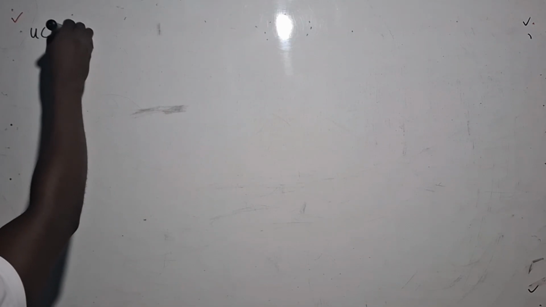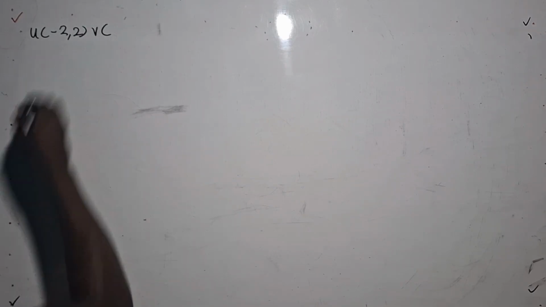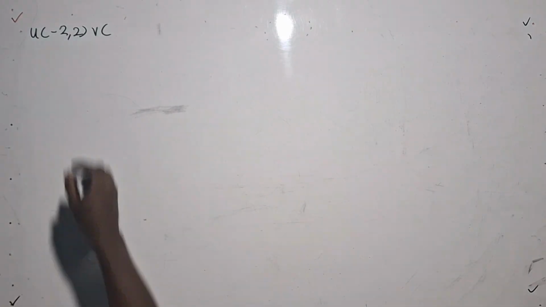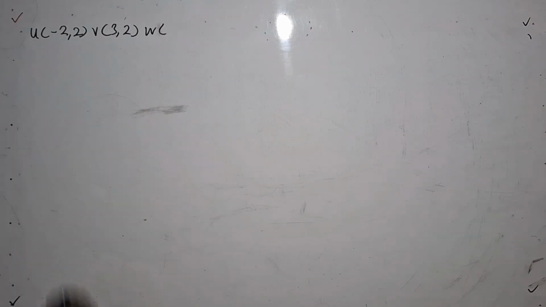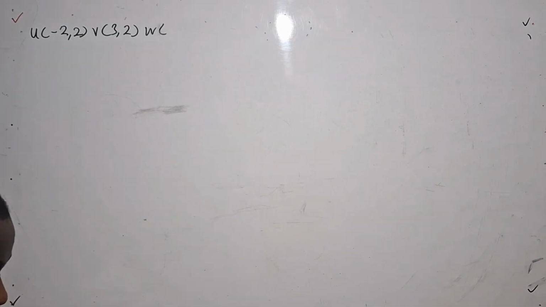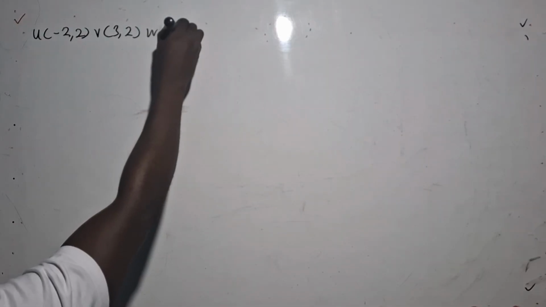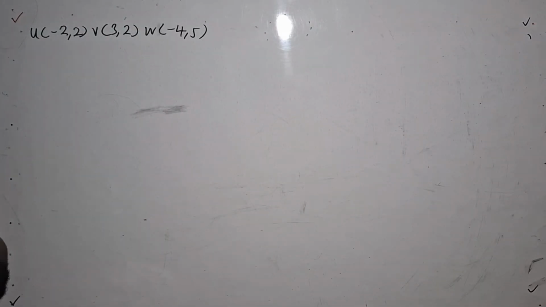So now we have the triangle, the vertices. We have the U as negative 2, 2. We have the V as 3, 2. Then we have the W, this was negative 4, 5.